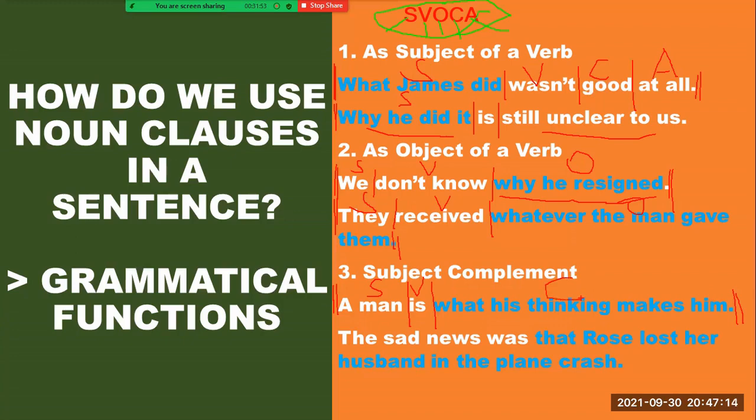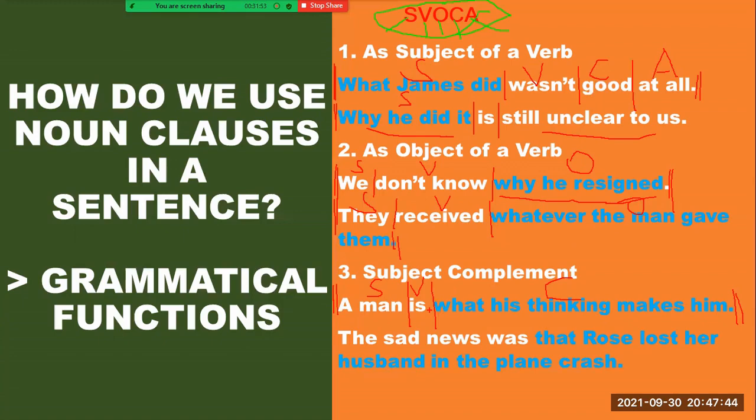This is the complement. And so the complement is the description of the subject. The complement is what exactly the subject is about. For example, if we say a man is, and we put a dash, the question that arises naturally is what?